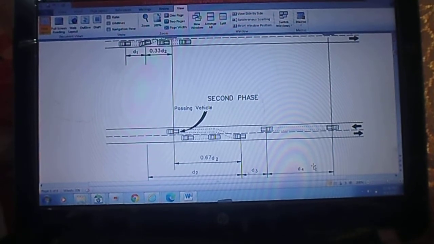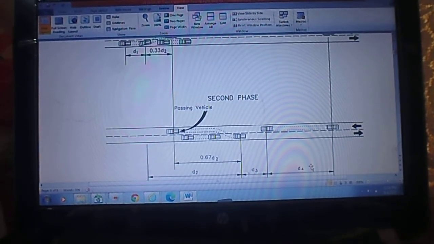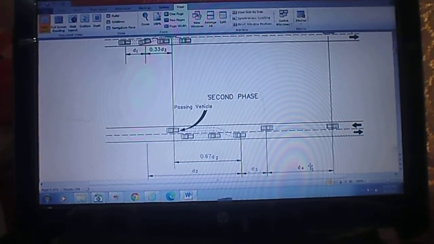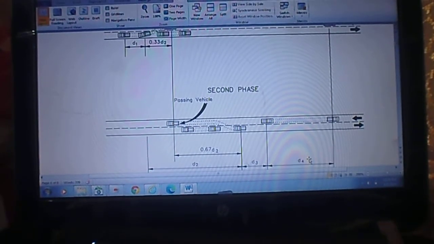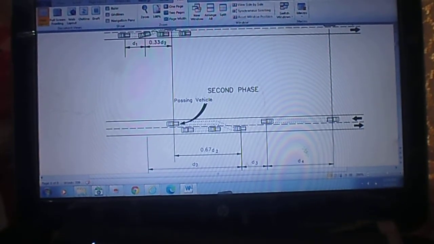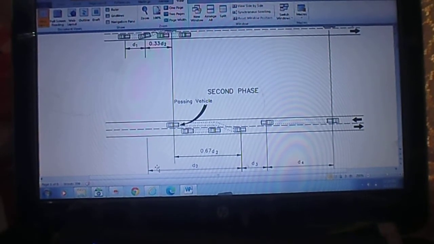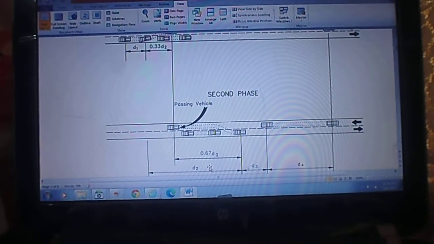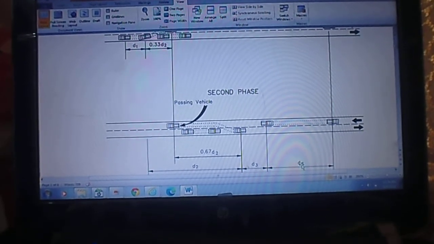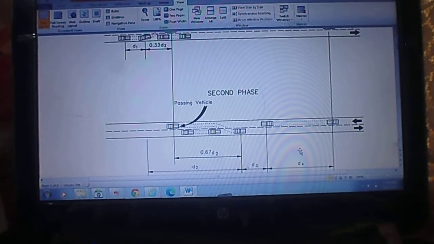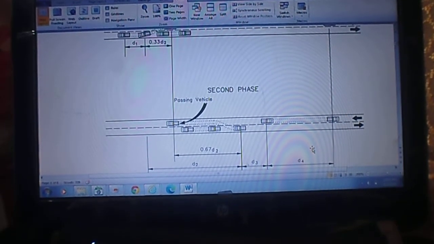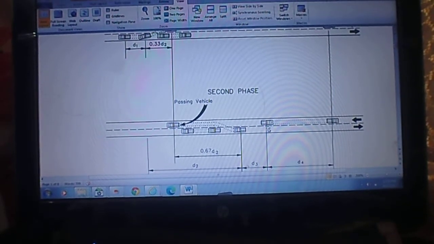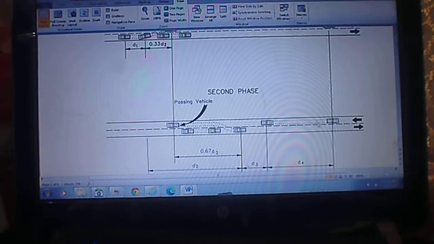So t sub 4 is the value that is obtained by determining 66% of t sub 2. D sub 4 is equal to t sub 4 times u sub 4, where u sub 4 is the speed of the opposing vehicle.